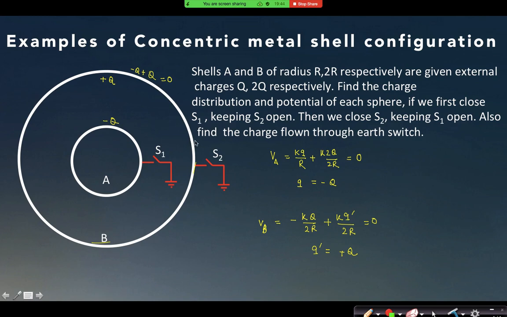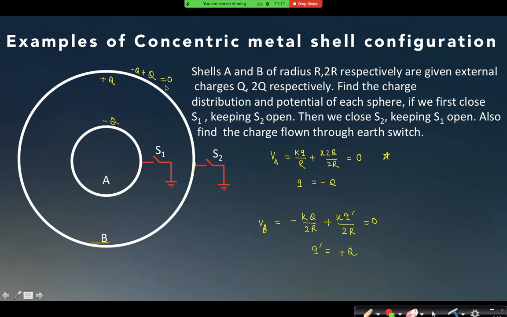Whatever the charge is inside, it is a part of cavity, and cavity does not produce any potential on its outer point. So you can always remember that if we earth the extreme shell, then its outer surface charge will definitely become 0.